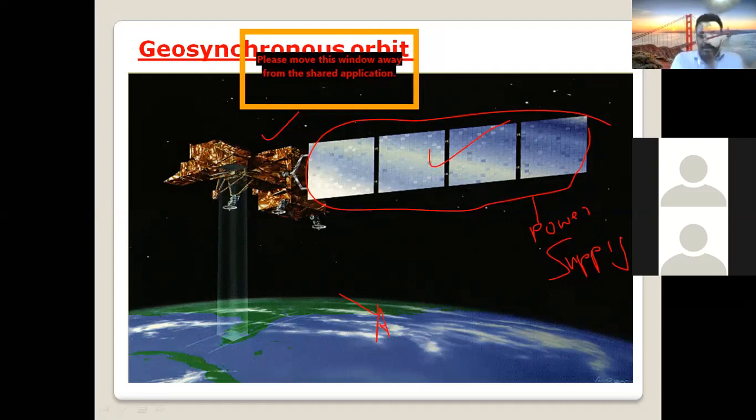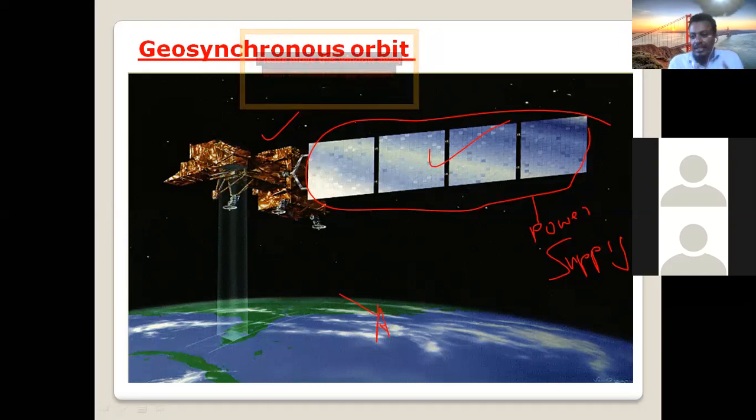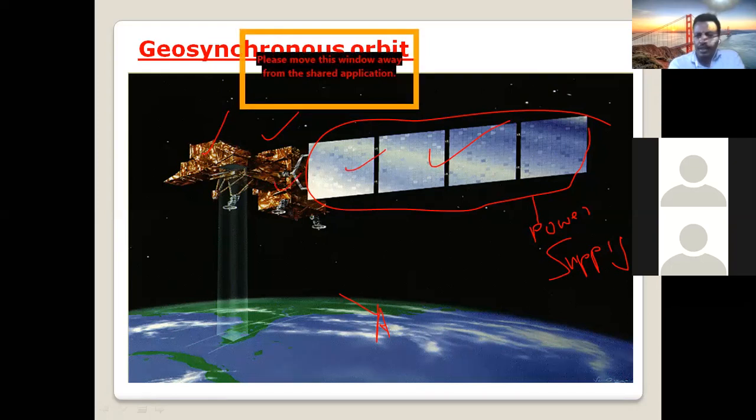There is other equipment under bus. We call them bus, additional supporting equipments. They give supporting function for the satellite. What type of equipment? Even the covering of this satellite, the physical structure, batteries, power supply units, control units, thermal control, power control.